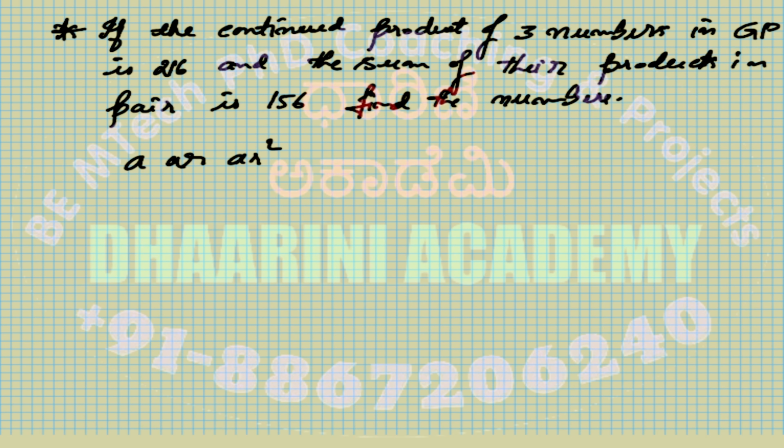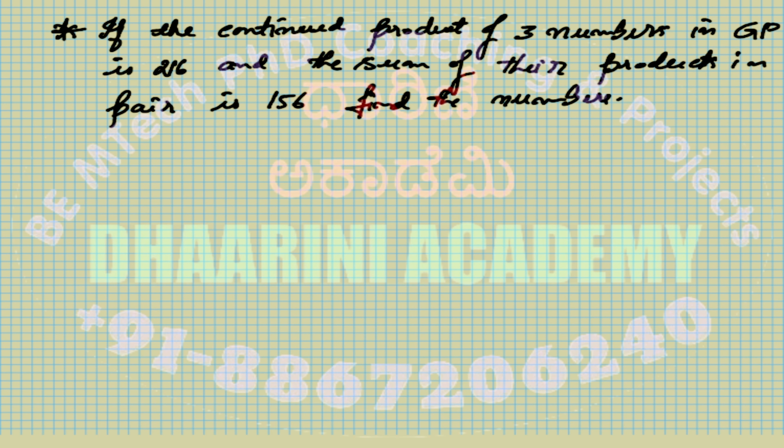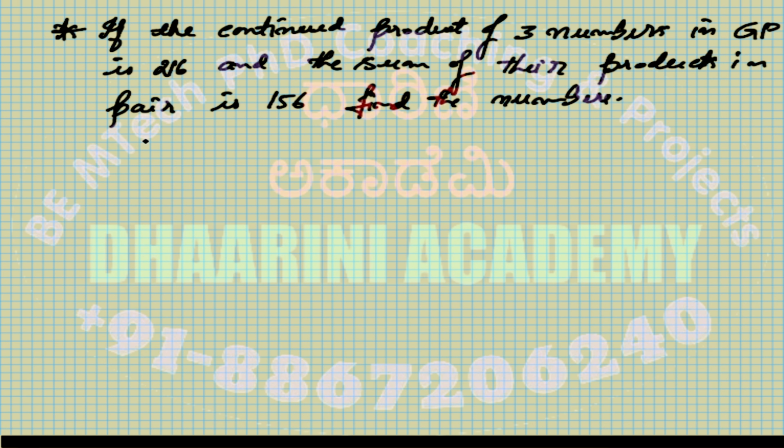So the suggested technique is this. Whenever three numbers are given, it is expected that you will consider the three numbers as a by r, a, and ar, so that when you take the product, the r cancels, right? If you take ar square, there are two unknowns in that equation, that is a and r.